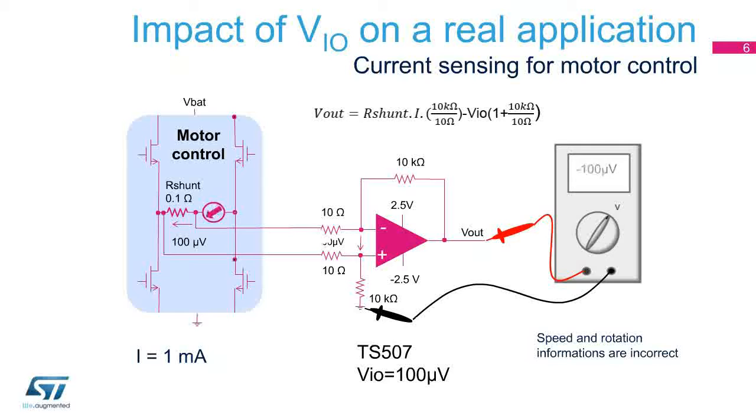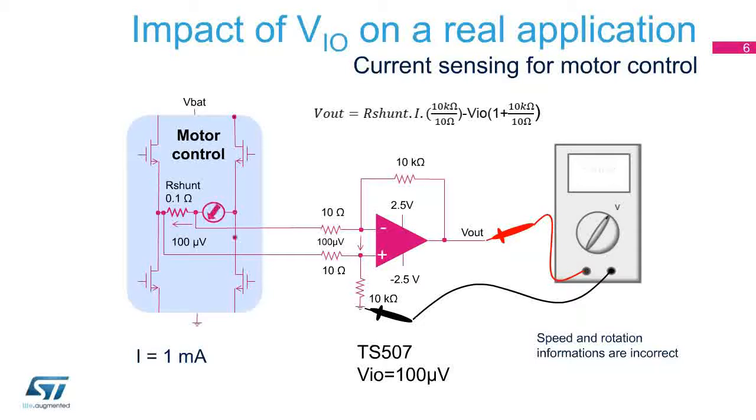If we use a TS507 op-amp with a maximum positive VIO of 100 microvolts at ambient temperature, we can see that the output voltage is minus 100 microvolts. This is far from the expected value of 100 millivolts, meaning that the speed information is completely incorrect. Moreover, this negative output will indicate to the MCU that the motor is rotating in the reverse direction, which is totally incorrect.